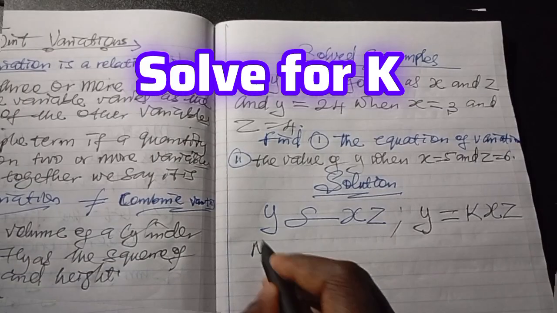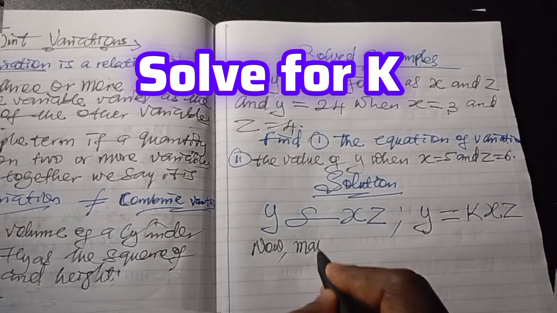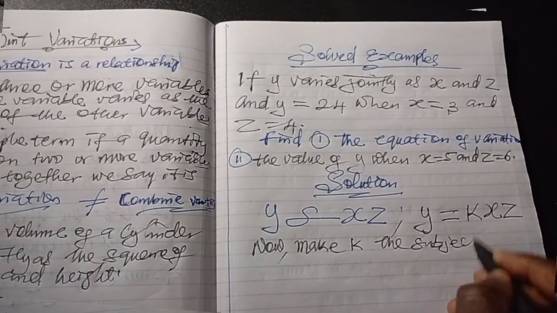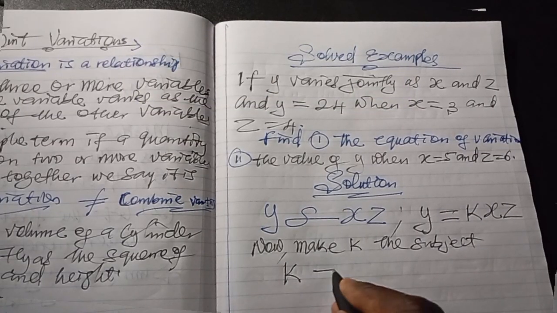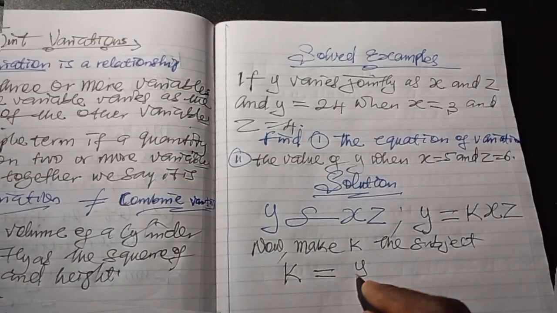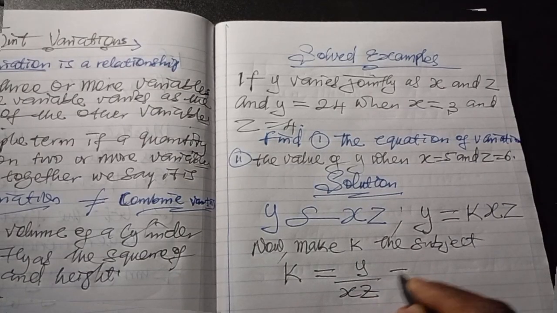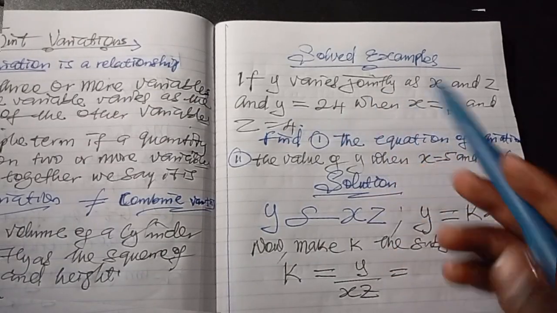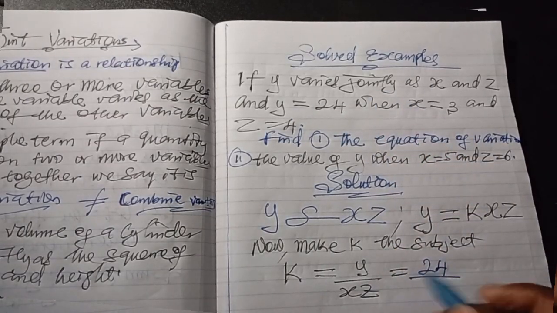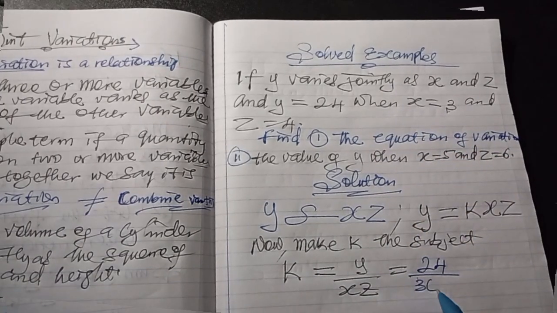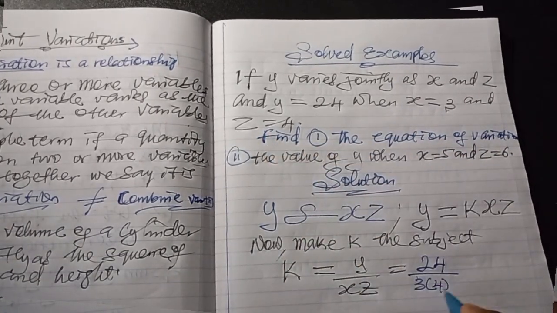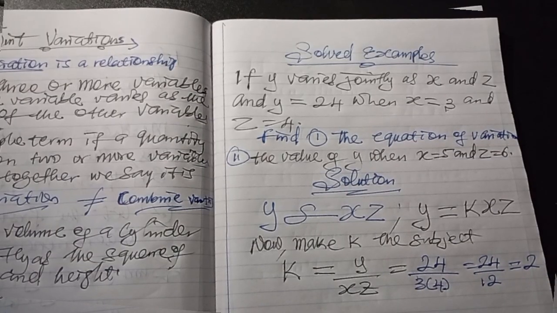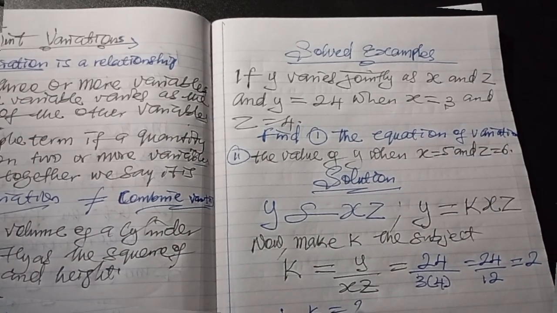Now make k the subject formula, so that we have k is equal to y divided by x z. Now substitute. What's the value of y? From here you observe that y is 24. So we have 24 divided by x is 3, bracket z is 4. So you have 24 divided by 12. We can have 2. Therefore, k is equal to 2.